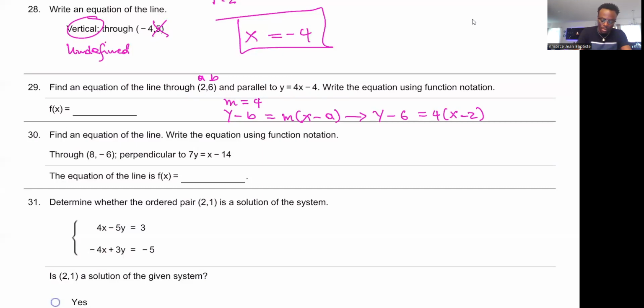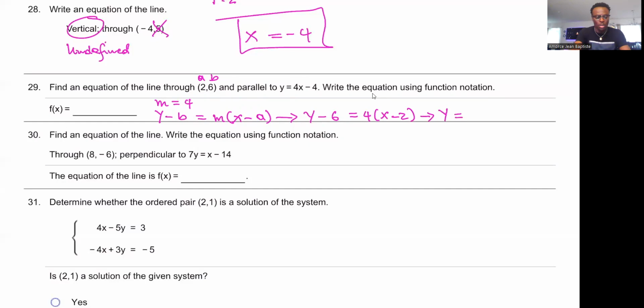We will have y equals 4x, we distribute, 4x minus 8 plus 6. Combine these two, that is minus 2.